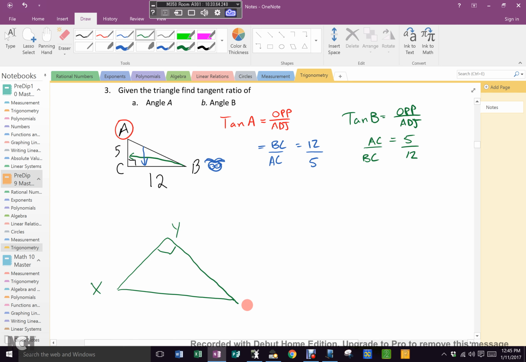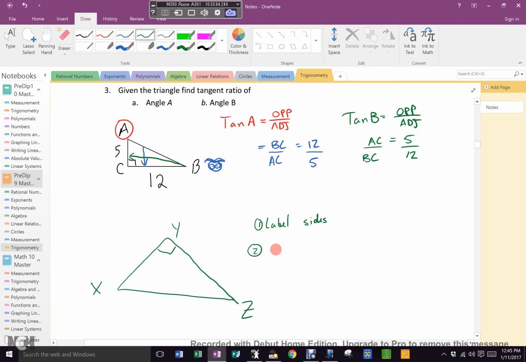X, Y, Z. I want you to do 2 things with this triangle. 1, label the sides properly. I told you on the very first page of these notes how we label sides.